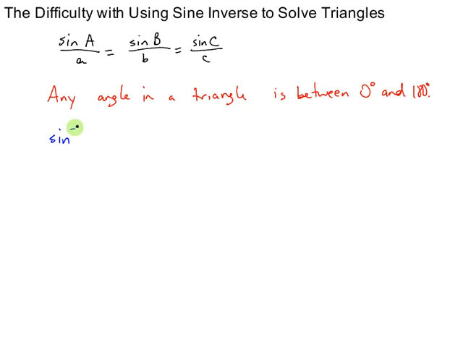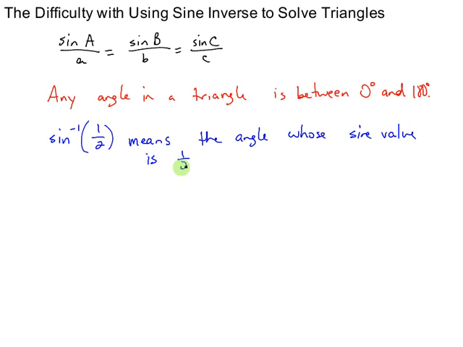When I write sine inverse of 1/2, what does that mean? Well, it means the angle whose sine value, meaning when you take the sine of that angle, you get 1/2. And so if we focus on only angles between 0 and 180, and we look at the coordinate plane here to sort of understand this, I need to find an angle so that when you take the sine of that angle, you get a half.